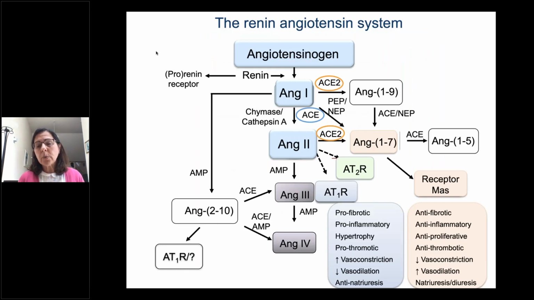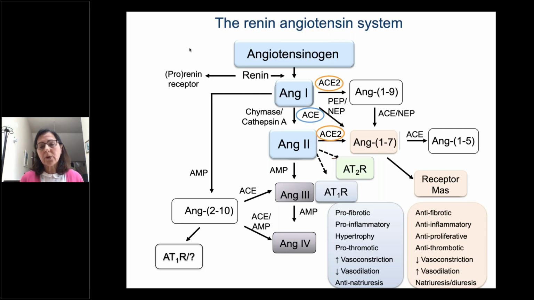Now, as I mentioned, we cannot look at angiotensin converting enzyme 2 and its product angiotensin 1-7 without appreciating its place within the renin-angiotensin system. This is a busy slide, but it really is to highlight to you the complexity of the renin-angiotensin system as we know it today.